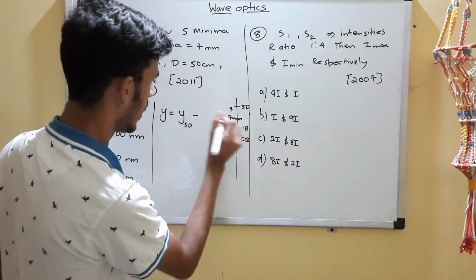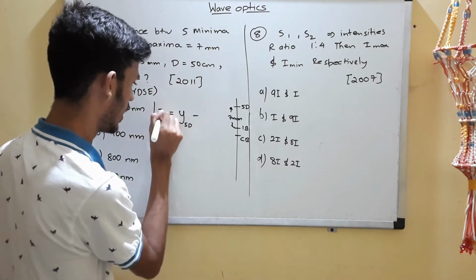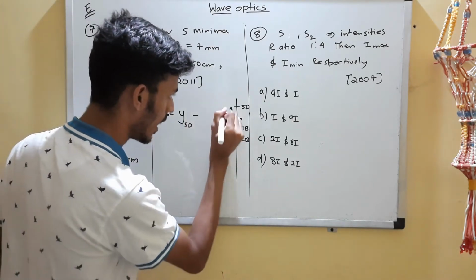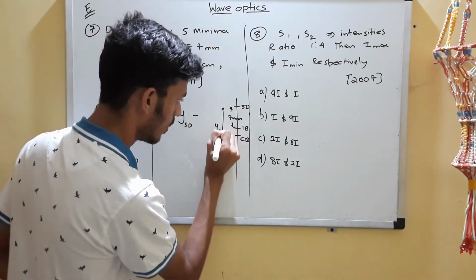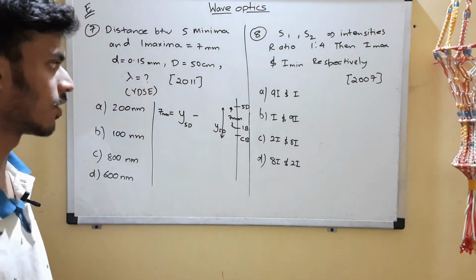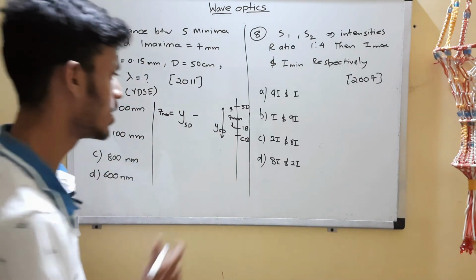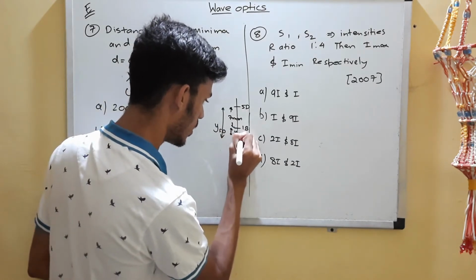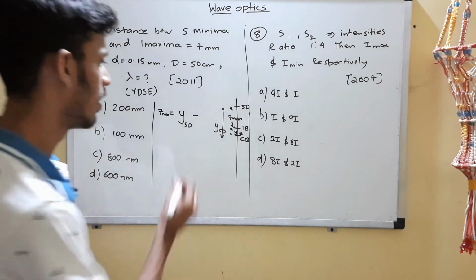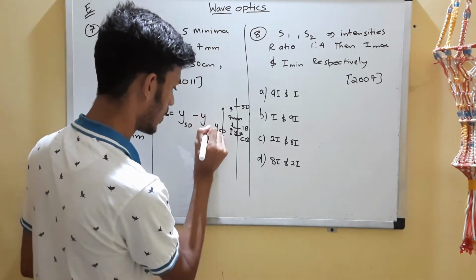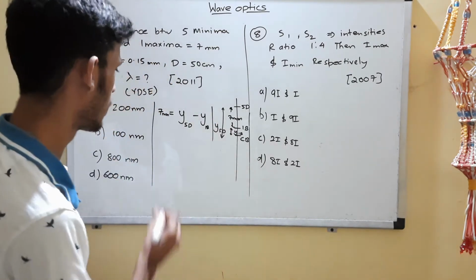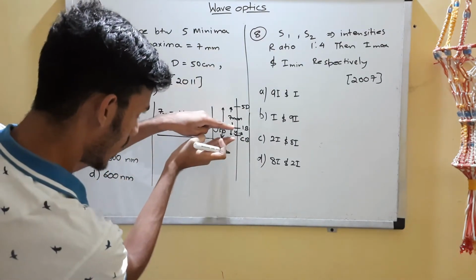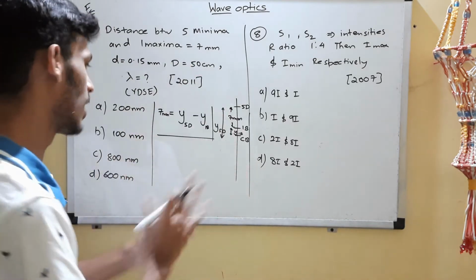I'll directly write the 7 millimeters as the distance of the fifth dark fringe minus the distance of the first bright fringe from the central maxima. So that is what I'm writing over here. 7 millimeters is equal to this distance minus this distance. I hope you can picture it.